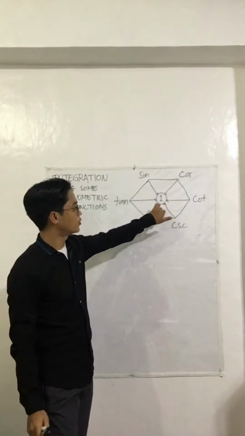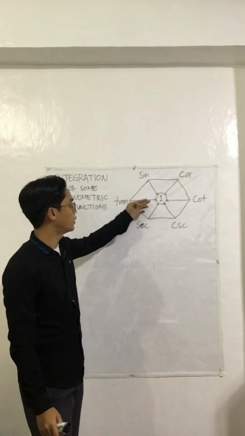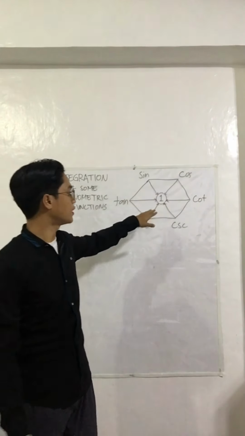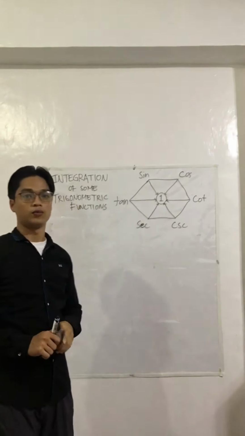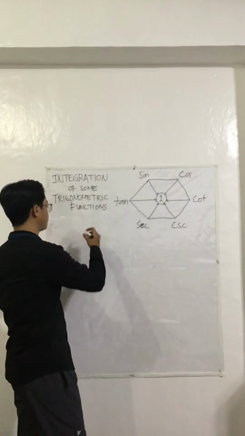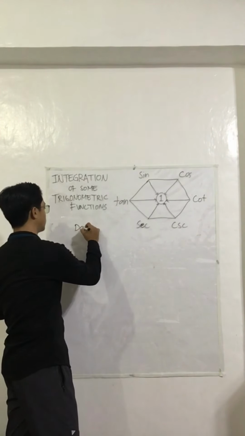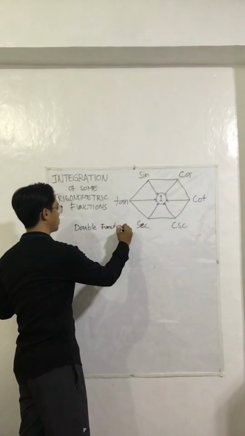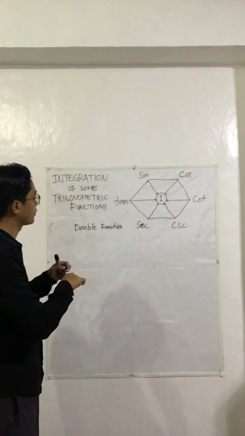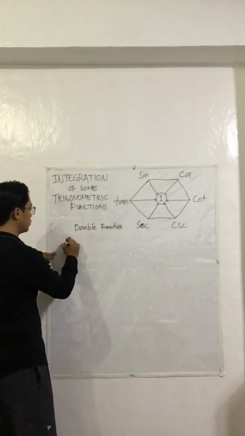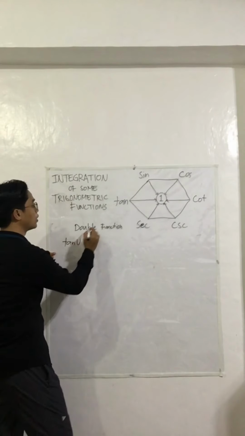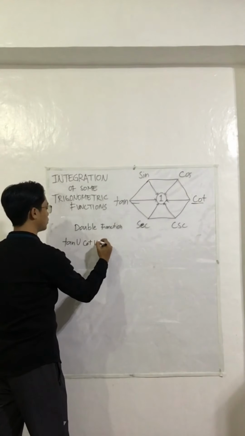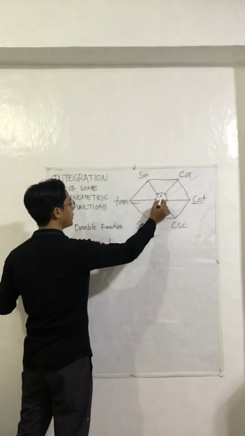Okay, so the next application ni superhex is to list down the sum of trigonometric identities. So ang 1 na to, yung sa gitna ng superhexagon, itong 1, means representing the identity. So mag-start tayo sa double function. Sa double function, si tangent u tsaka si cotangent u is equal to 1.